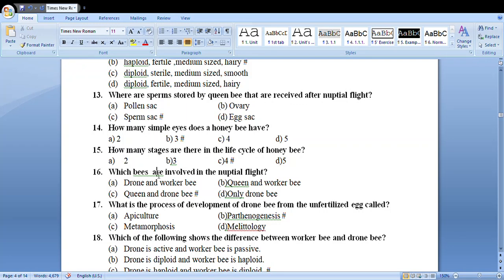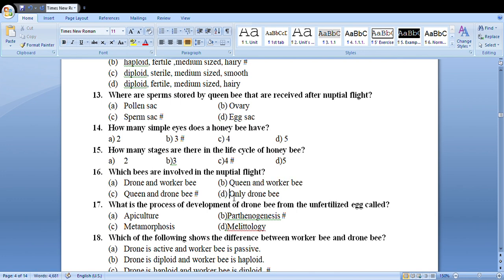Which bees are involved in the nuptial flight? Nuptial flight means mating flight. Obviously, queen bee and drone bee fly in the sky for mating, and this flight is known as nuptial flight.